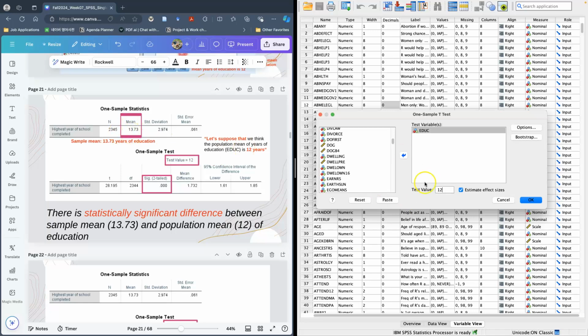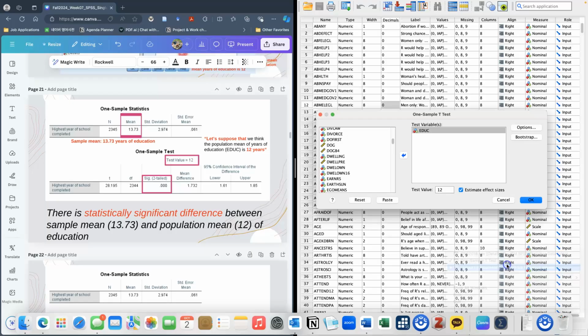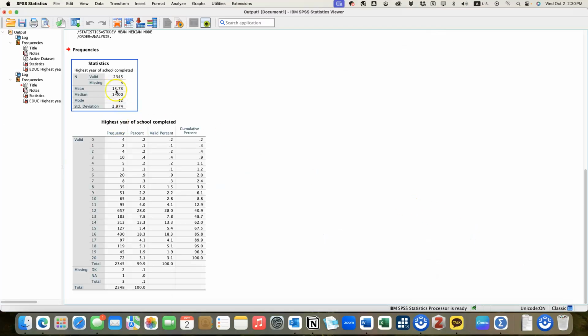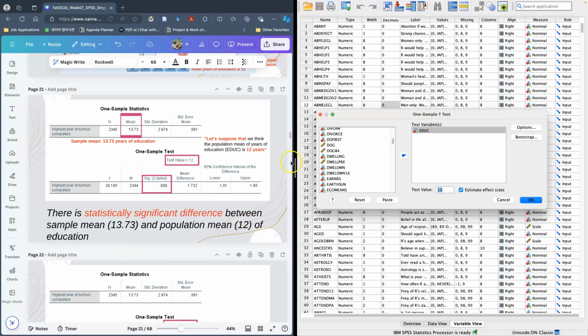As you could see in the frequency table in the previous one, 13.73 is totally the same, right? And the test value is what you are assuming.